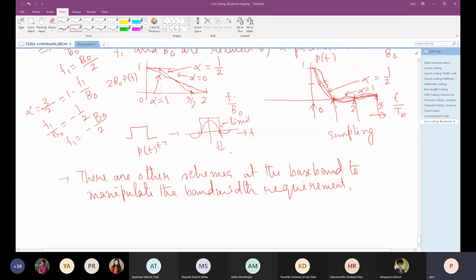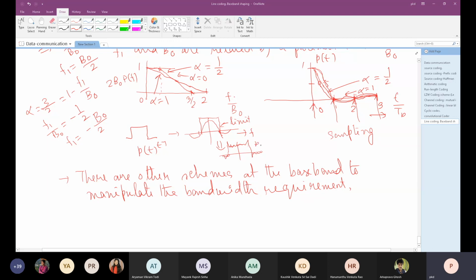Then the resultant, if we pass it and then reconstruct PT, the PT will be noisy. No longer will it be that ideal one, but it will be noisy. So it will be something like that.